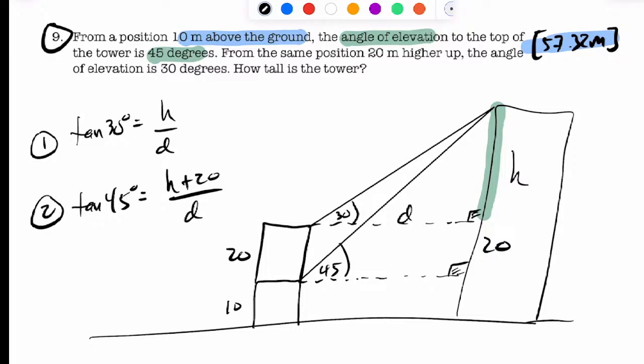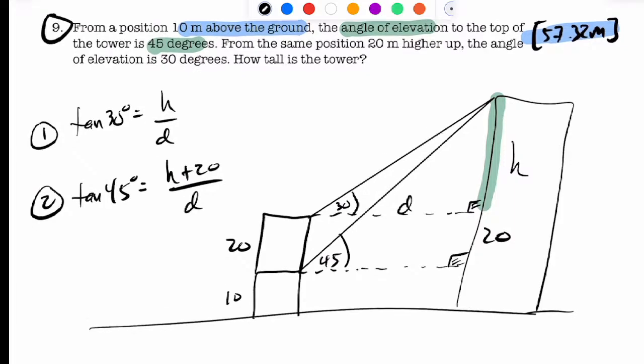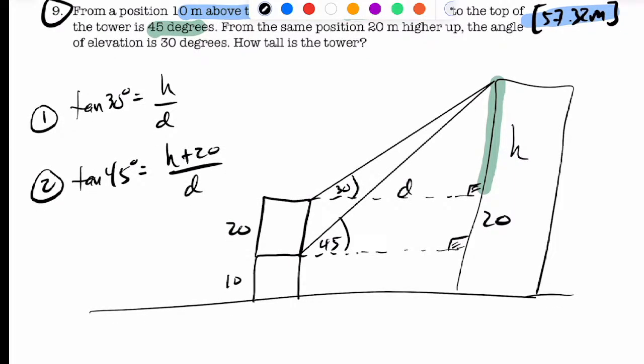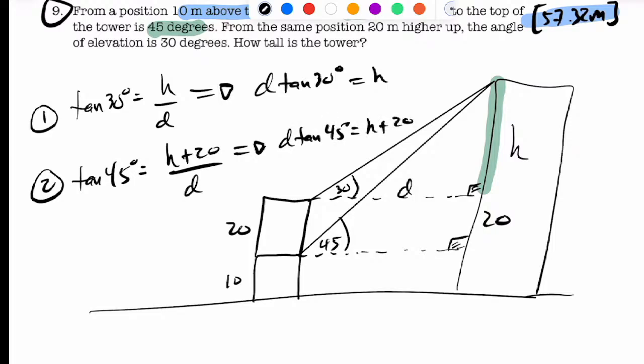And then I want to solve for height here. I'm actually going to isolate for d first and just set those equal. Might as well find the distance between the buildings. So I know that d tan 30 degrees is equal to h. So I'm isolating. And then here, Zena, since you were asking, I get d tan of 45 degrees is h plus 20.